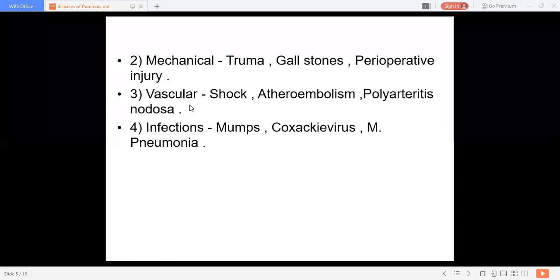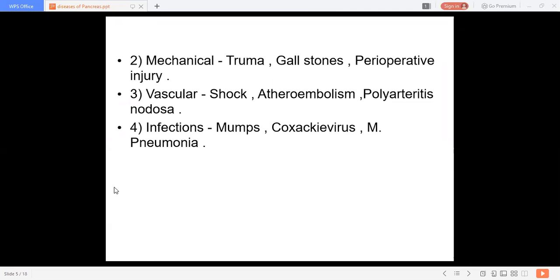And various infections, viral and bacterial, like mumps, coxsackievirus and mycoplasma pneumonia. These are the pathogens which cause acute pancreatitis. In that, viral pancreatitis is very, very common, especially in small children after mumps or measles. Coxsackievirus and mycoplasma pneumonia are the virus and bacteria which take part in acute pancreatitis.